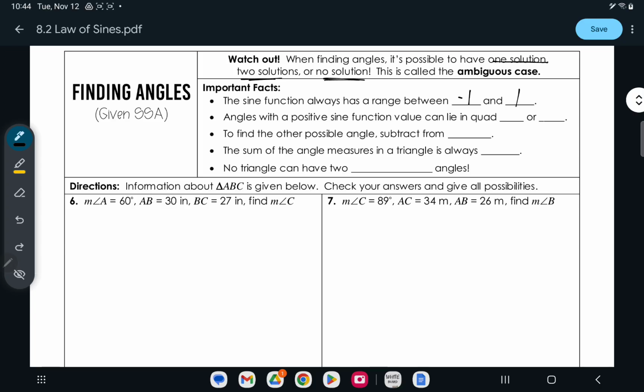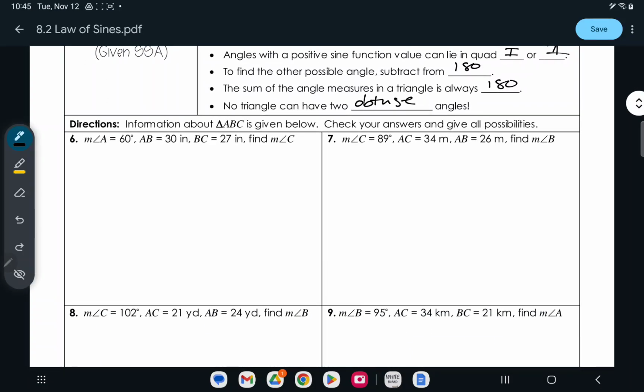So angles with a positive sine function will either be in quadrant 1 or 2. To find the other possible angles, we could subtract it from 180. The sum of the measure of the angles in a triangle is always 180 degrees, and no triangle can have two obtuse angles.